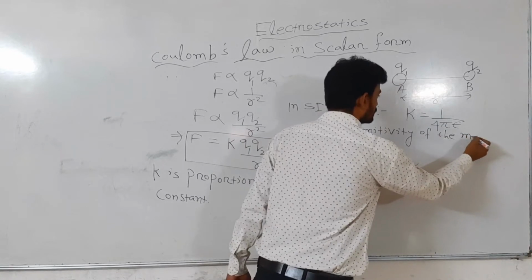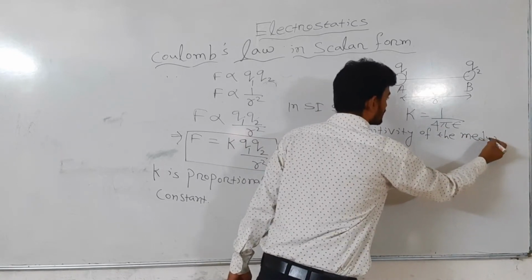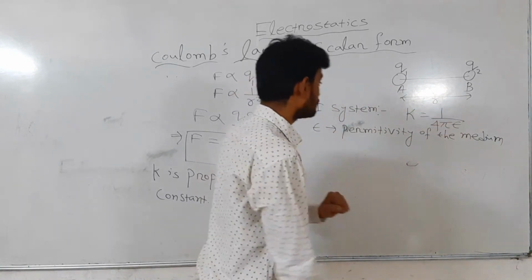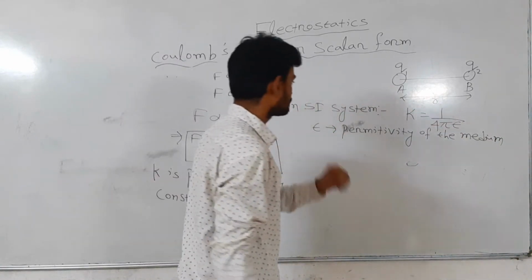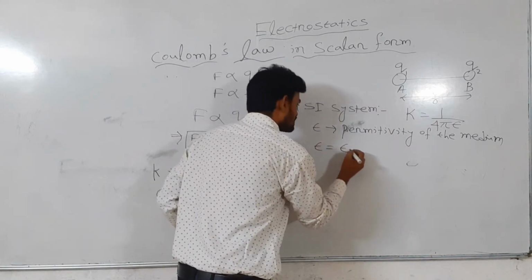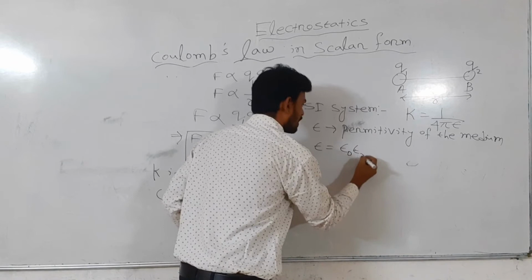We have to remember these values. K is equal to 1 by 4 pi epsilon. Now epsilon is equal to epsilon naught into epsilon r.